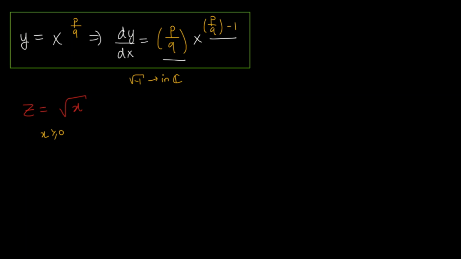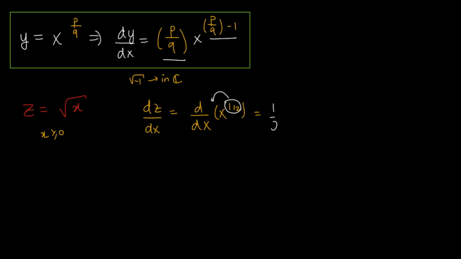Now, if you want to differentiate this, well, we can write dz over dx as d over dx of x to the power of half. Now, instead of having p over q here, you now have half. So we will take all of this, bring it to the front.